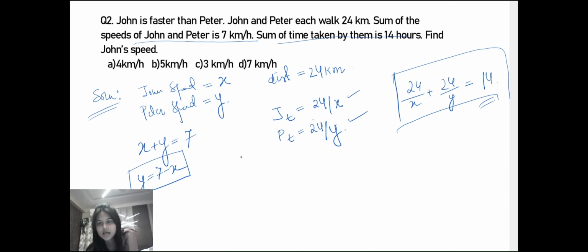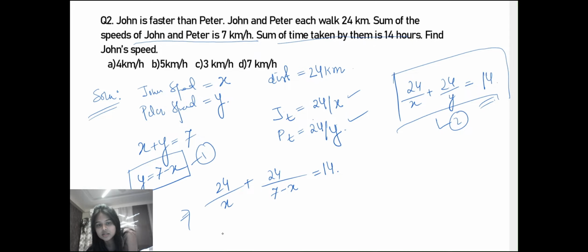So from this, can we imply, if we put 1 in equation 2, we can say that 24 divided by x plus 24 divided by, we'll substitute y with 7 minus x, and then we get 14.